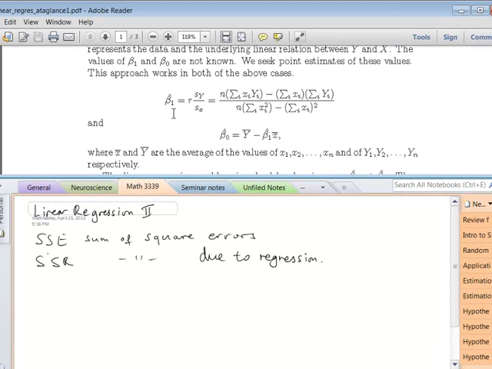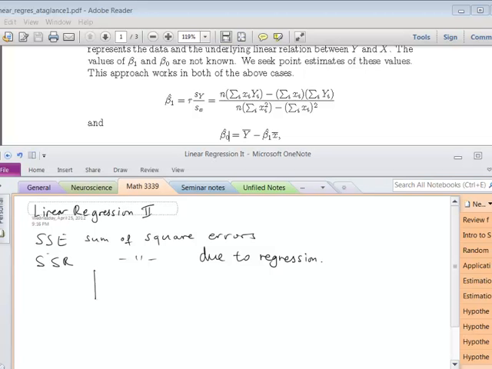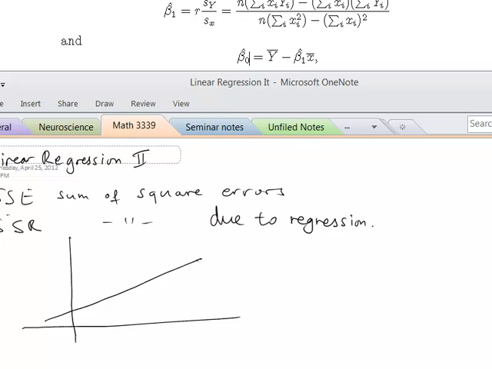Now, the matter of fact is that this slope is not as we would like to have it. For example, it's not going to be like this. So suppose that this is beta 1 hat, we call it y hat equals beta 1 hat x plus beta sub 0.